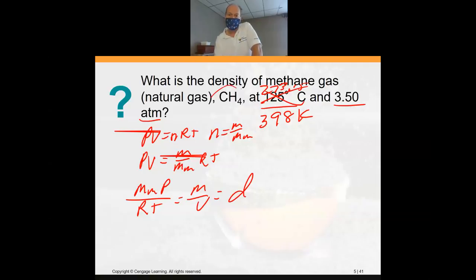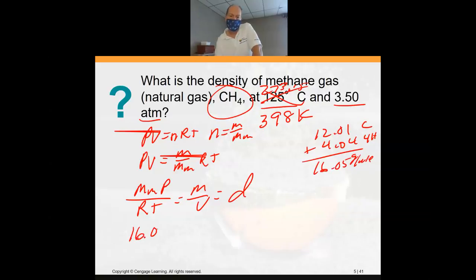All right, so they tell us that it's methane gas, CH4. We need a molar mass. So 12.01 plus 4.04. This is a carbon. This is 4 H's. 16.05 grams per mole is our molar mass. So you put in your 16.05 for your molar mass, grams per mole. The pressure has to be in atmospheres.